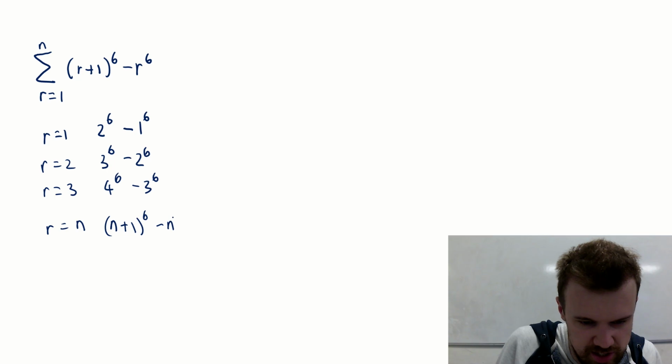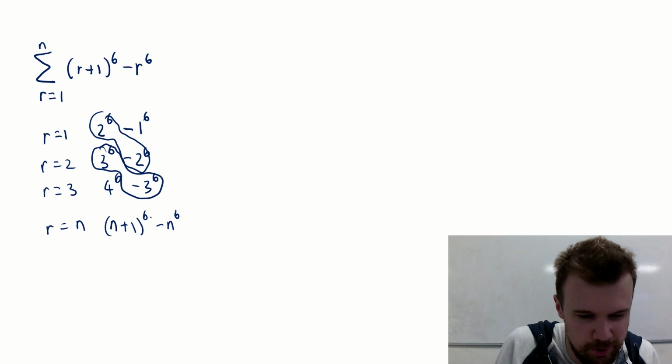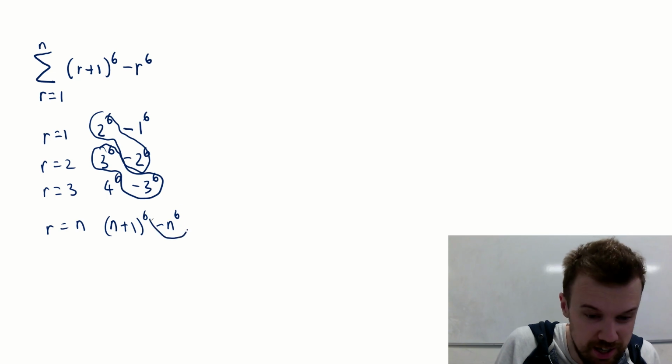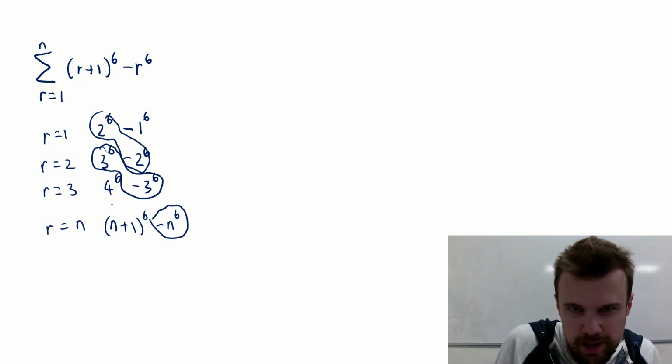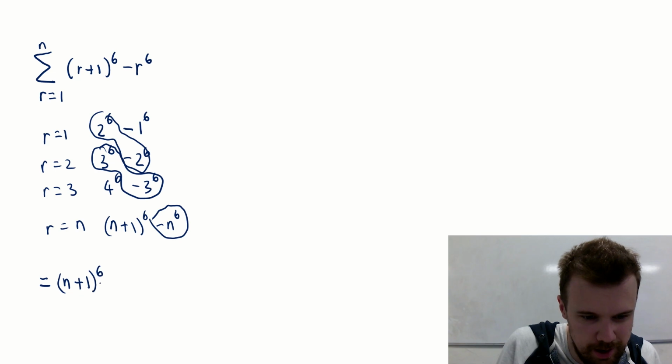So we've got this, but we know basically that stuff's going to cancel out. The 4 will cancel out, even though we haven't written the next term to show it. The minus n to the power 6 will cancel out as well, even though we haven't shown the previous term to show it cancelling out. But we know, therefore, we're going to be left with n plus 1 to the power of 6. Wow, big numbers, minus the 1 to the power of 6, which is just 1.